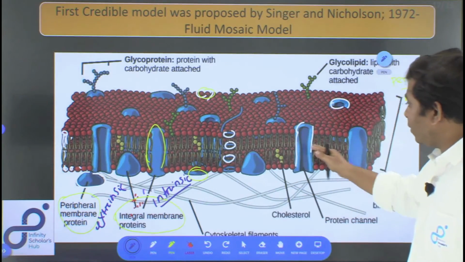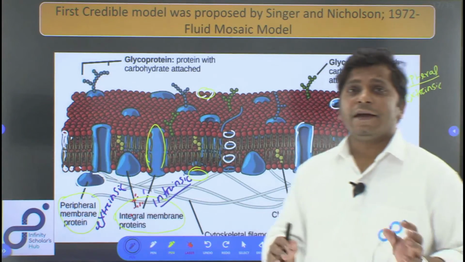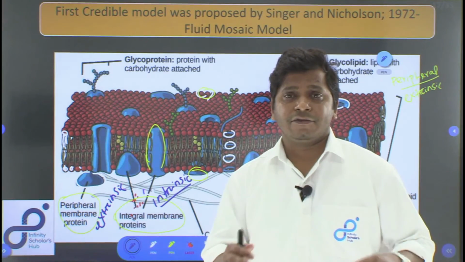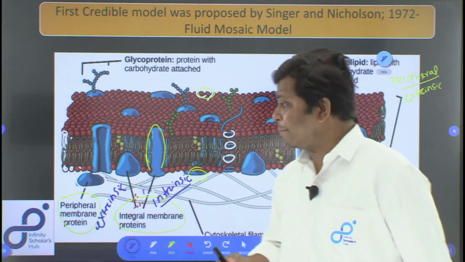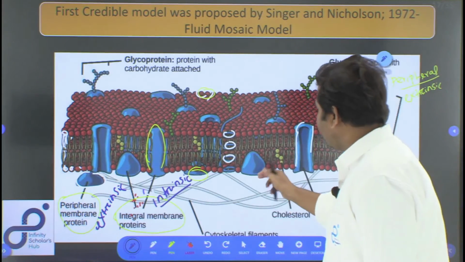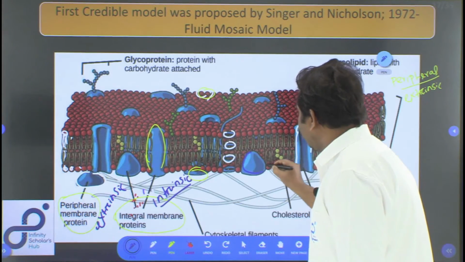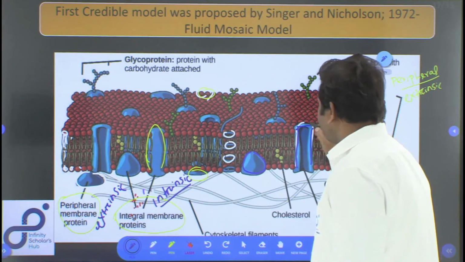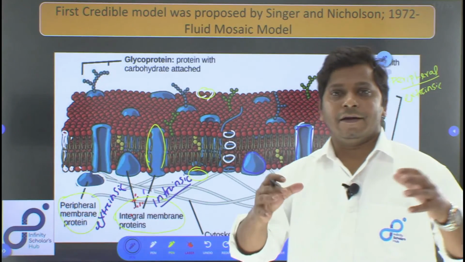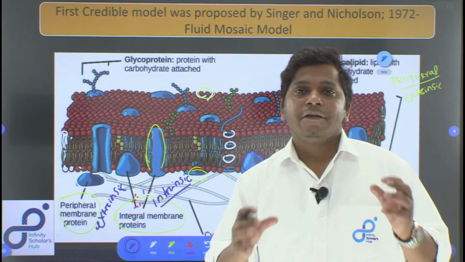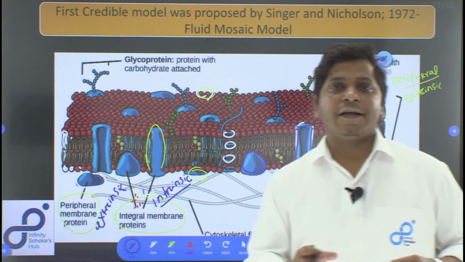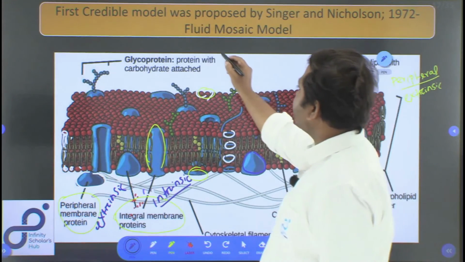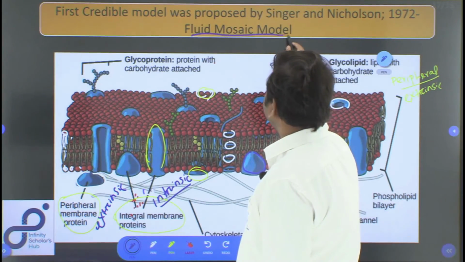The phospholipid bilayer is semi-fluid in structure. It's a fluid-like structure, in which the proteins are dispersed like icebergs floating in a lipid bilayer. In a sea of lipid, the proteins are dispersed like icebergs, and that is why the structure is called the fluid mosaic model.